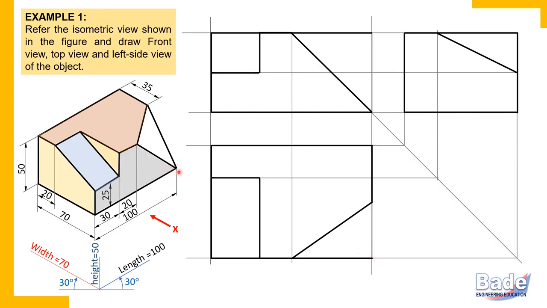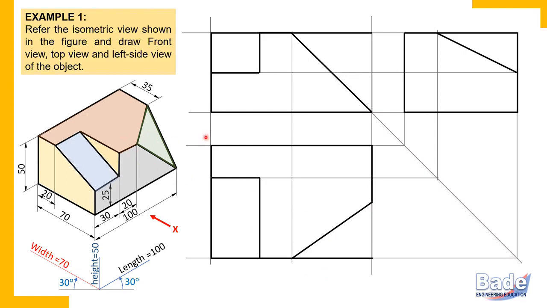So watch here again, in the isometric view, this corner, where is it in the top view? So this corner is on the right side and on the front side. So this is that corner. Now join these corners with ends of this inclined edge. So here, this is how. So this triangular surface has appeared in the top view.